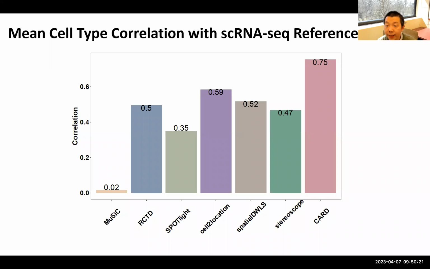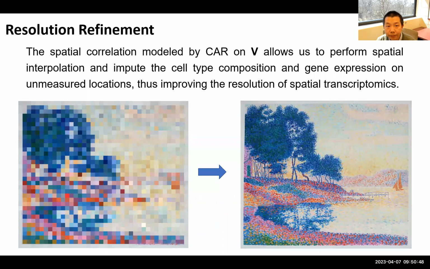In single cell RNA sequencing data, you know the average cell type composition. Once you perform deconvolution, you can also calculate the average cell type composition from spatial transcriptomics, and then ask which one has the highest correlation with the single cell data. You can see that CARD gives you the highest correlation. It indicates that at least on average, it gives you better results compared with other methods.